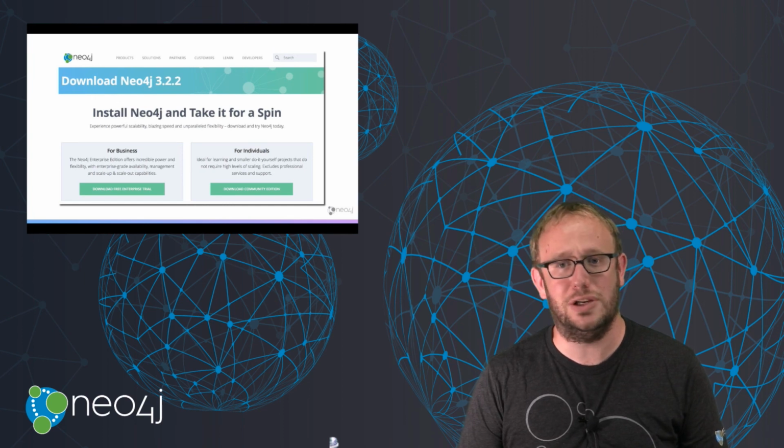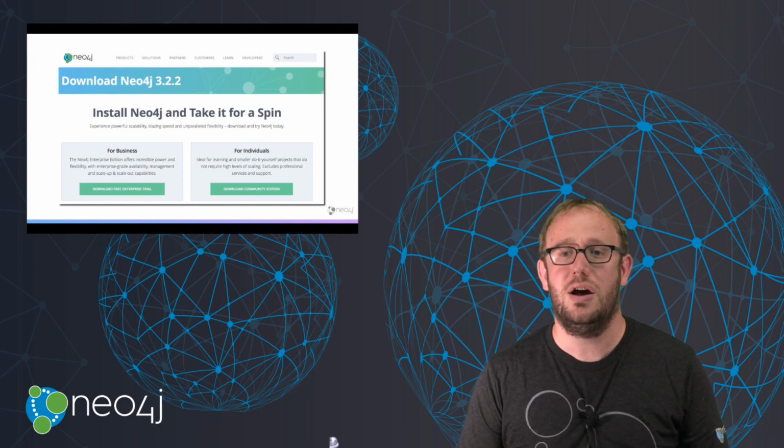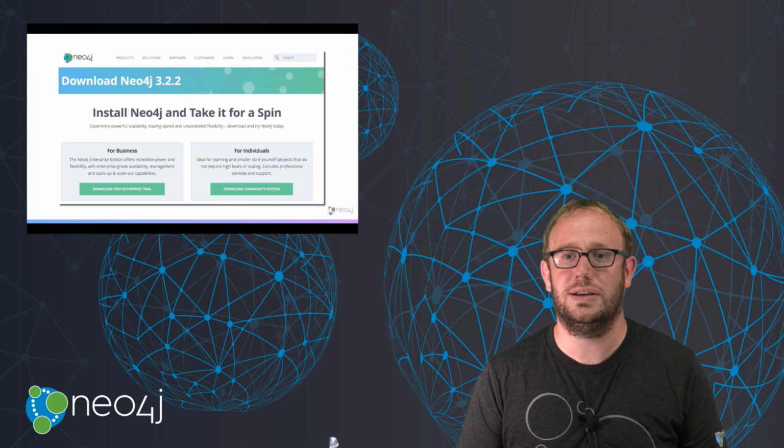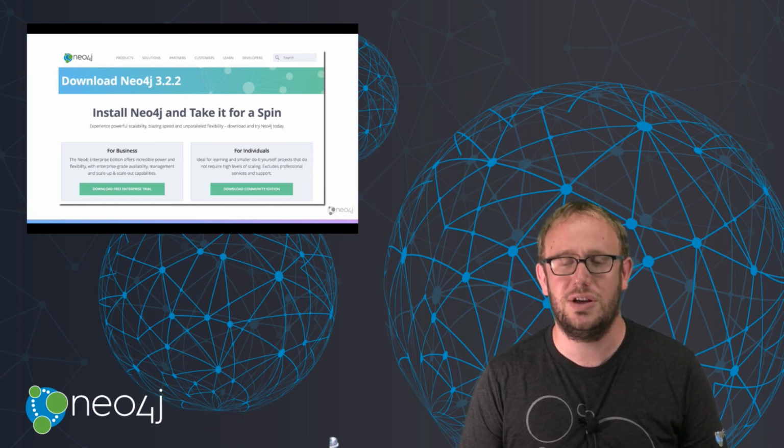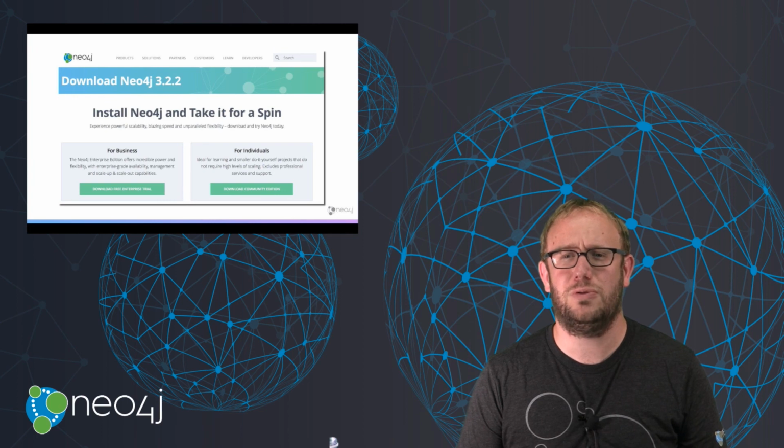The Enterprise Edition is available for a 30-day free trial, but you can also get access to the Enterprise Edition on the Sandbox. And the Enterprise Edition provides additional functionality for management, things like backups.